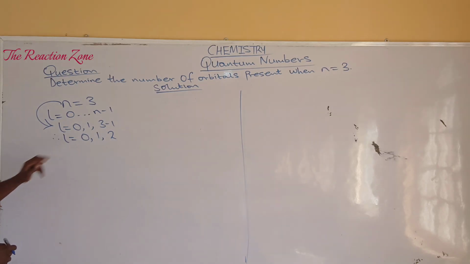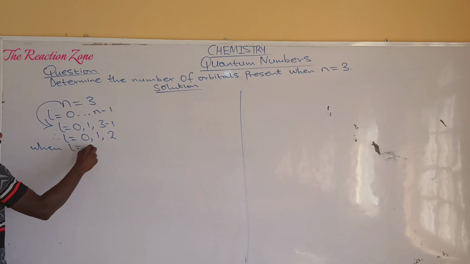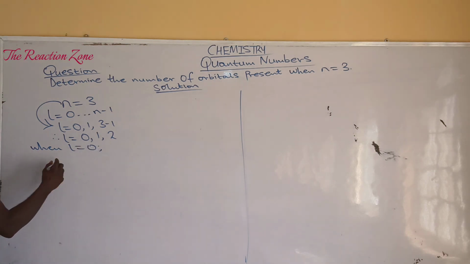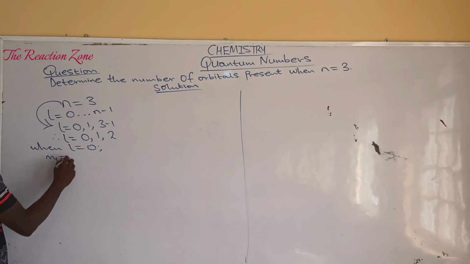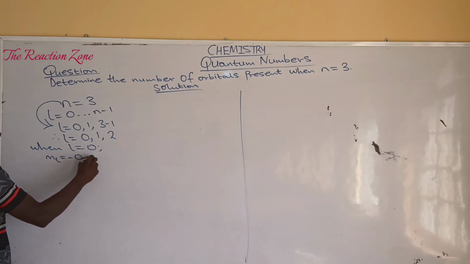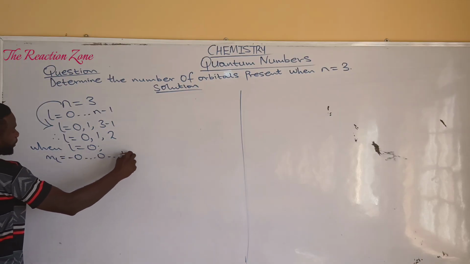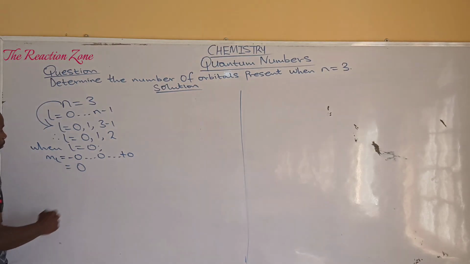So let's start with L is equal to 0. When L is equal to 0, the magnetic quantum number ML is going to be minus 0 to plus 0, which is still equal to 0.